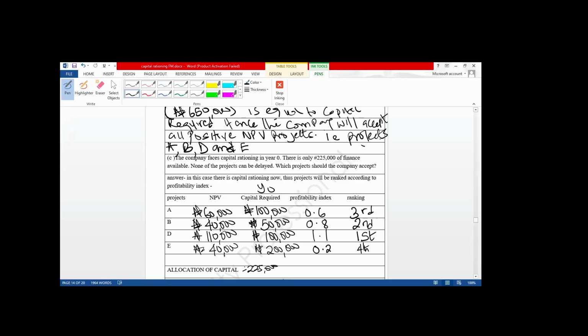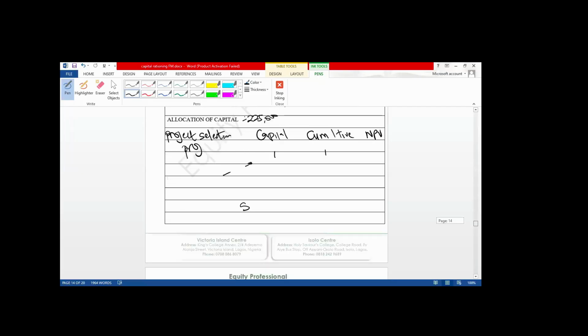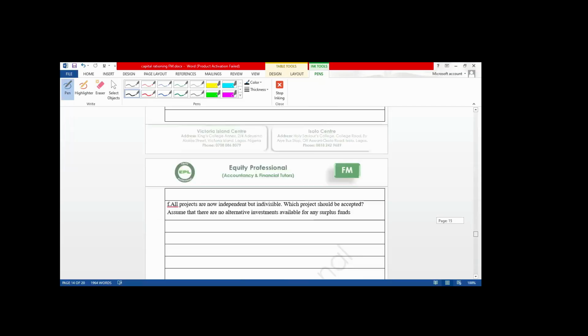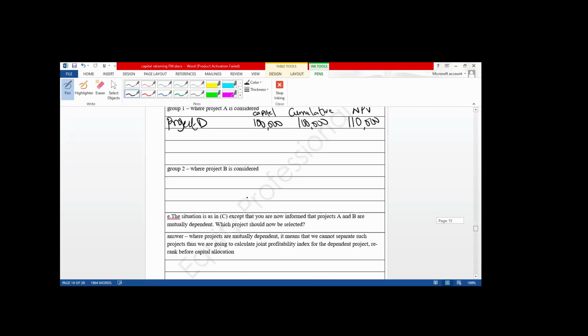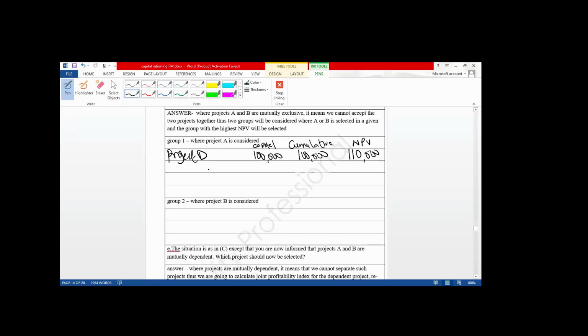Project A, capital required 100,000. Cumulative 200. NPV 60,000.